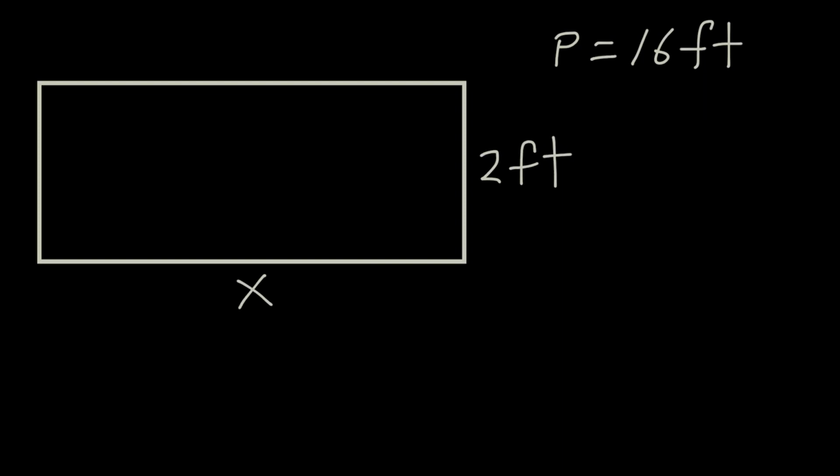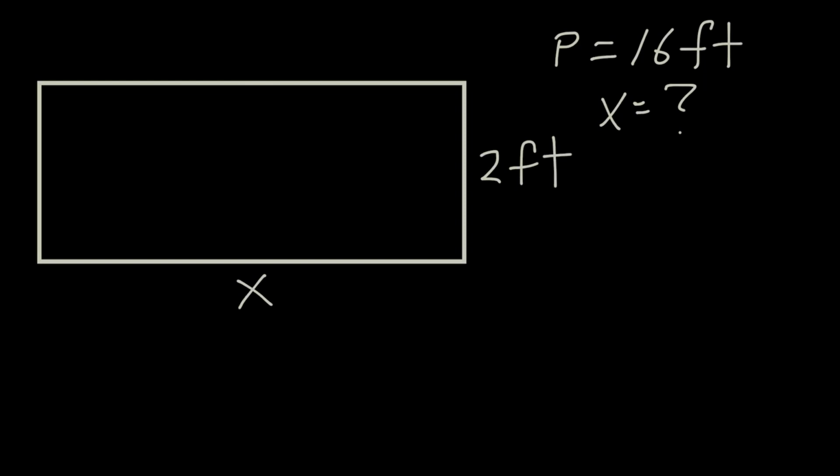Some of the questions that are provided to you will ask for the length of a side rather than the whole perimeter. The question might ask you something like this. If the perimeter is 16 feet, what is x? To find the answer, we need to write out all the information that we know thus far.